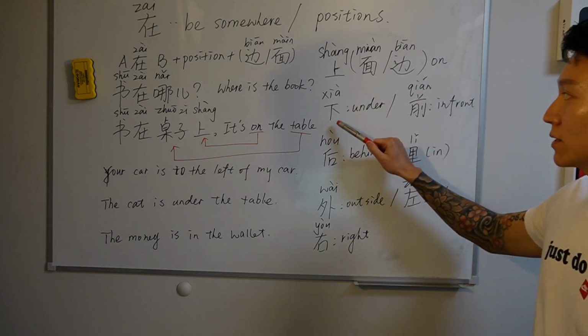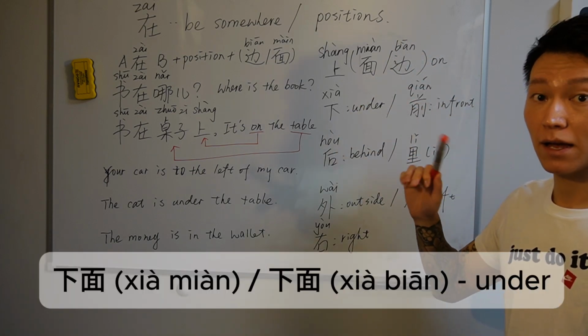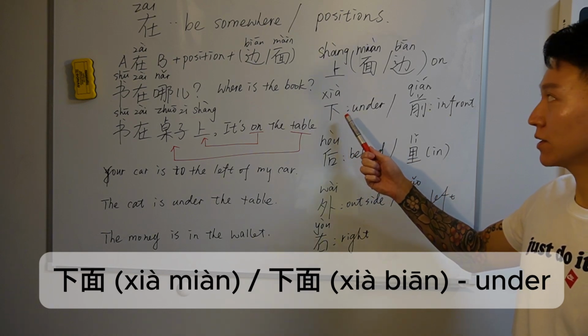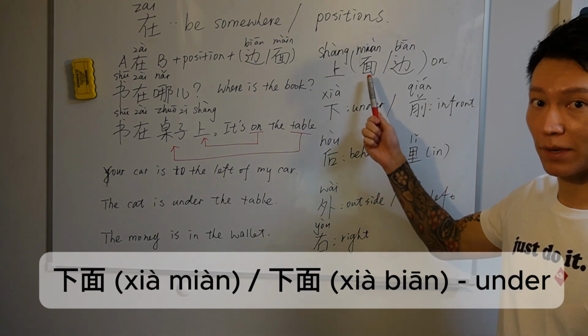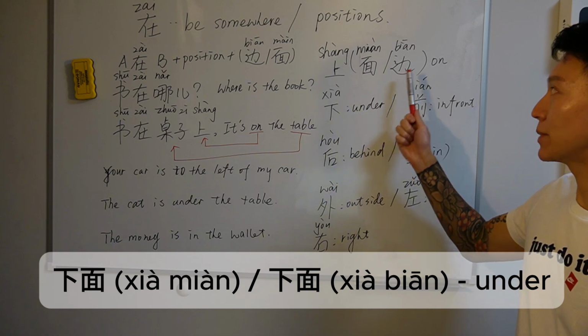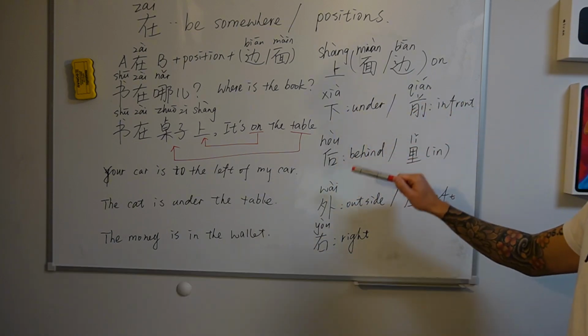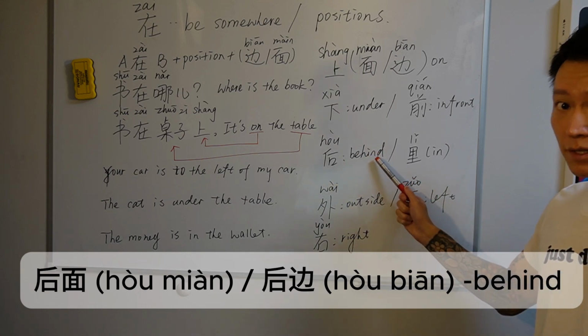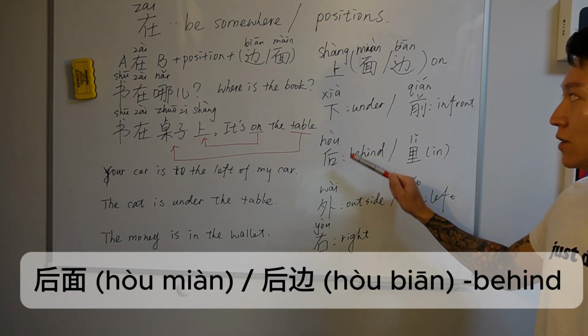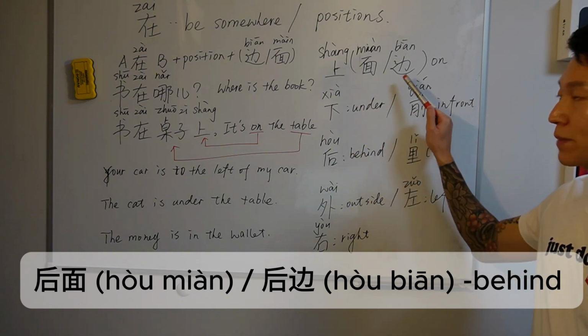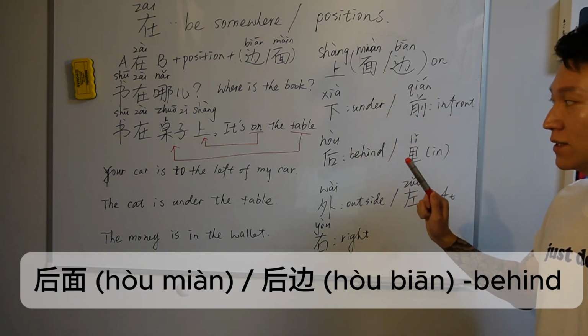And next one is 下 under. The same, you can say 下 alone. You can also say 下面 under, 下边 under. The same applies to 后 behind, or 后面 or 后边 the same.